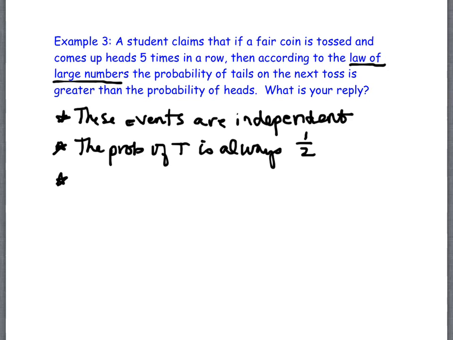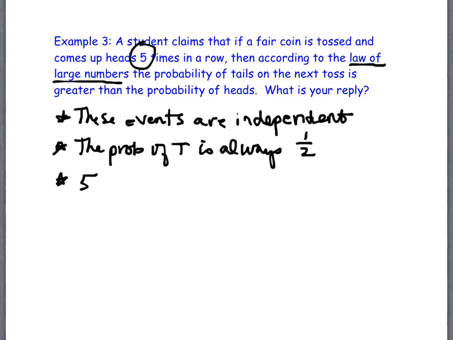Why? It's not a large number. The student's trying to make a claim about the law of large numbers, and they don't even have a large number. If they did this 5 million times, 5,000 times, we might have a discussion about this being a large number. But this isn't even a large number. This has not happened a whole bunch of times, right?